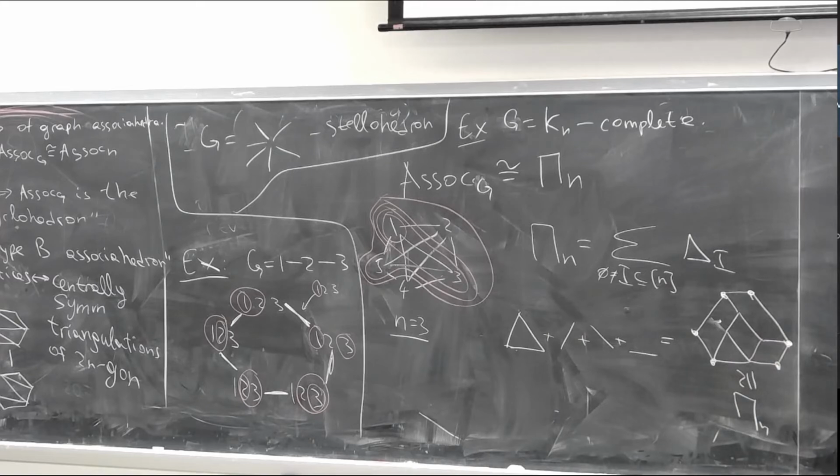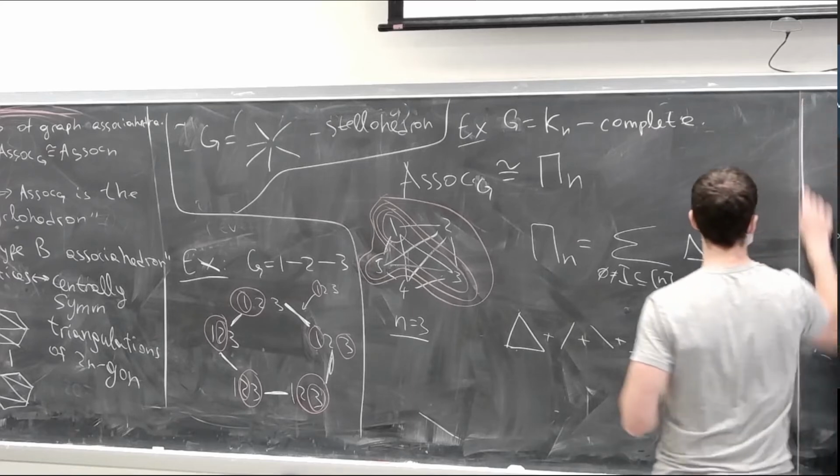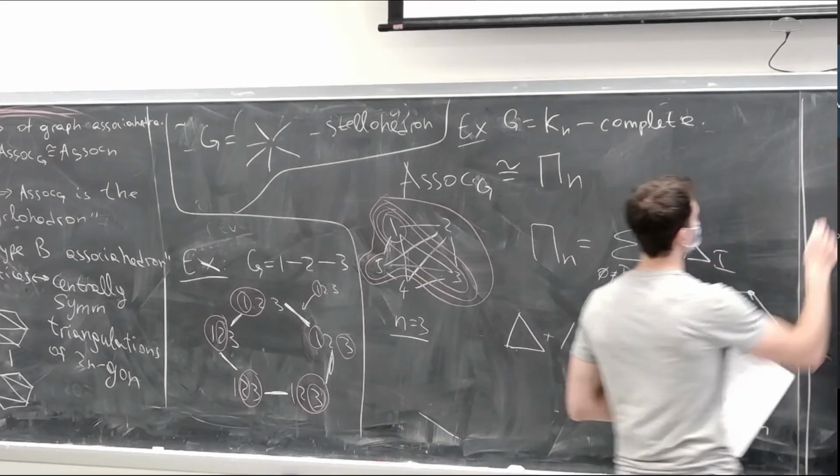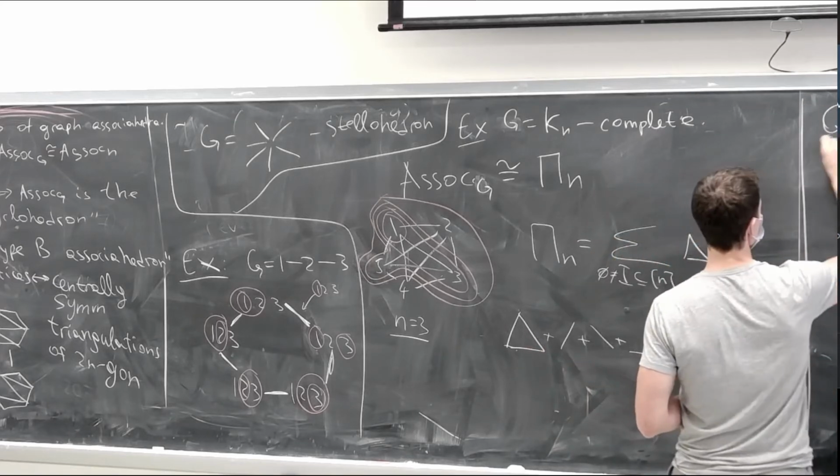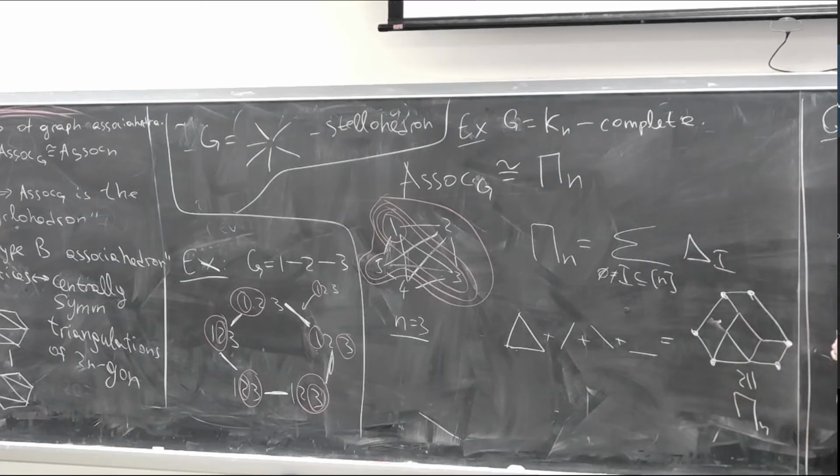All right. So any questions so far? All right, so I'm going to ask a question, which is going to motivate, I think, the next lecture or so. The question is, for every graph, we have an associahedron.